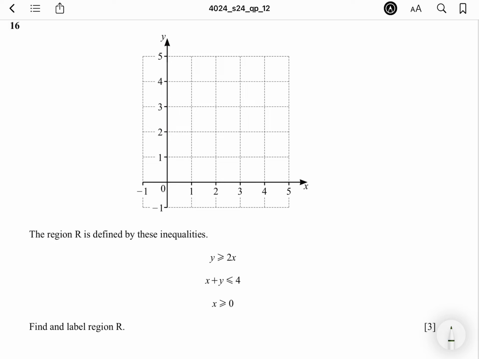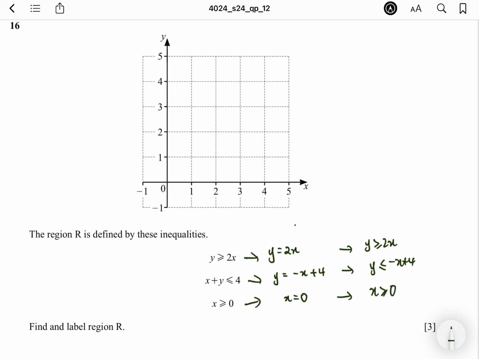So, in order for you to identify R, you need to draw the equations y equals 2x, y equals minus x plus 4, and x equals 0. After that, then we shade where it is greater than, where it is less than, and where it is greater than.